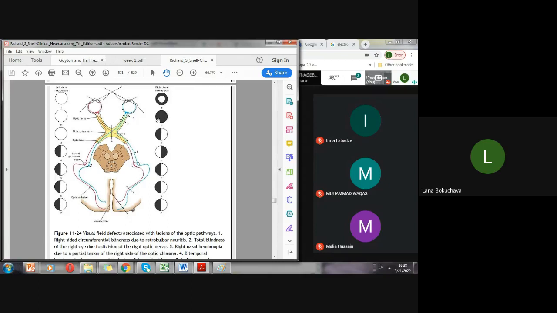That would be simply a totally blind eye. This is one of the manifestations. There can be different types of manifestations. That's what we call this condition: optic neuritis.